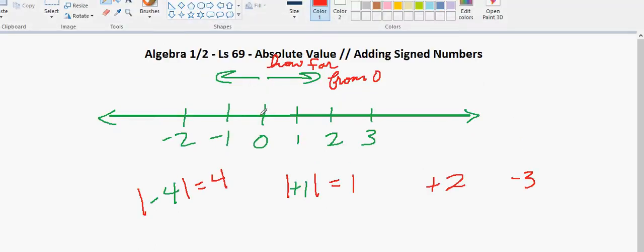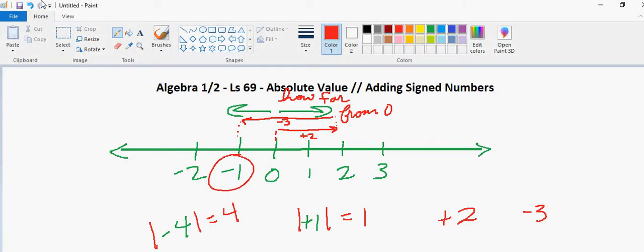We draw plus 2 over, and then to subtract 3, we go up again, 1, 2, 3, and then we measure, what am I at now? Negative 1. Good so far?